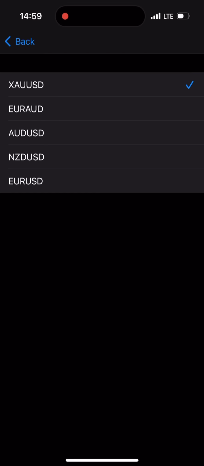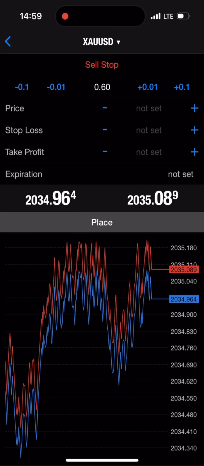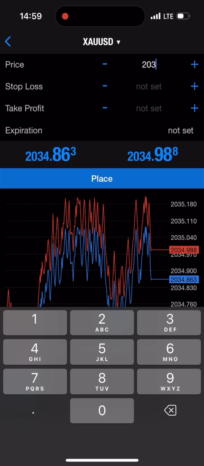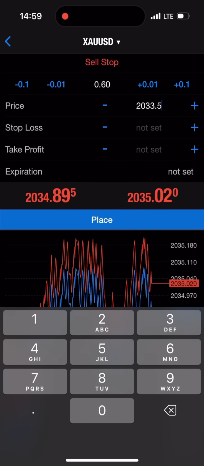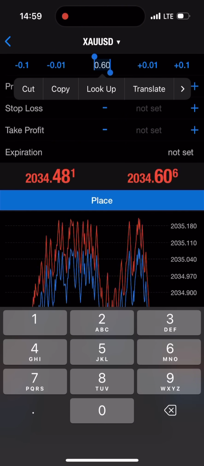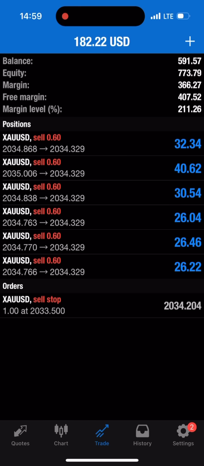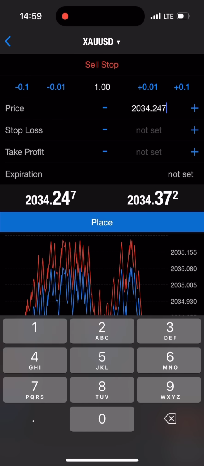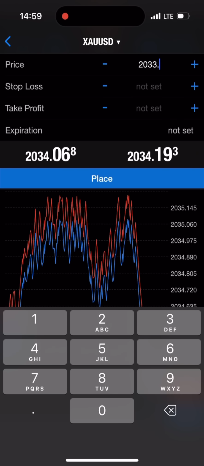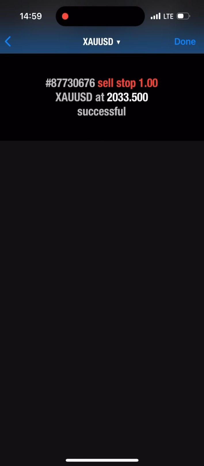So what we're going to be doing, we are going to place more sell stop orders at 2033.5 so that when the market drops we will leverage more on our profit. So that we can maximize more profit, because here we are not looking for small profit, guys. We are always looking for a big profit.